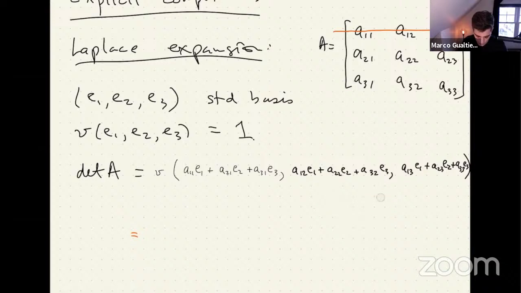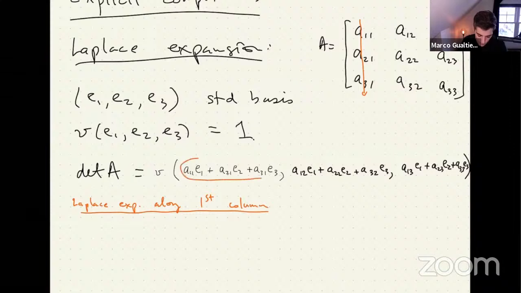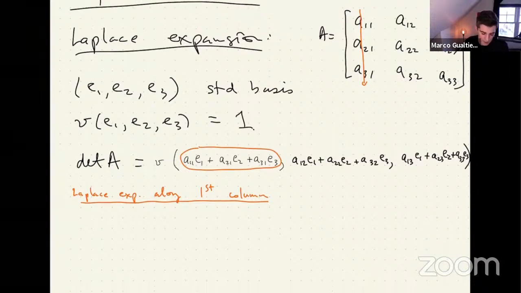It'll be easier to see it that way. Let's say Laplace expansion along the first column. So the first column is right here, and the idea of Laplace expansion is just to use multilinearity in the first argument to simplify.